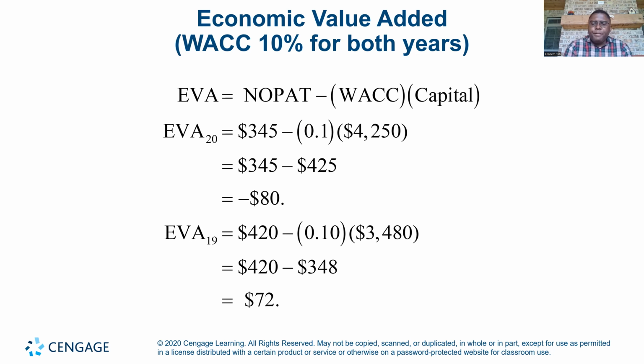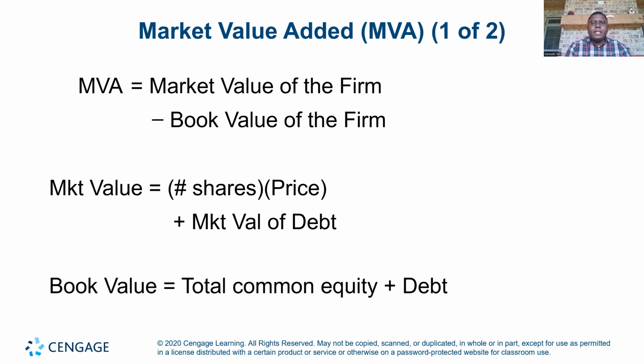All right, the last performance measure that we want to calculate is the market value added. The market value added is the difference between the market value of the firm's stock and the cumulative amount of equity capital that was supplied by shareholders.